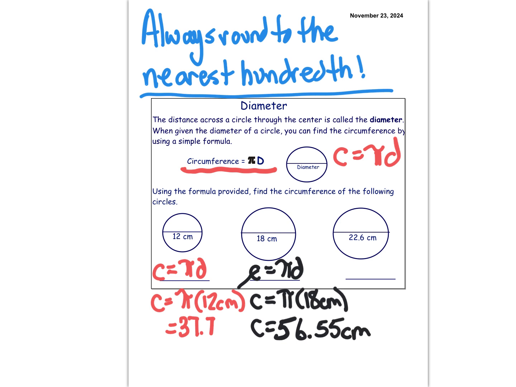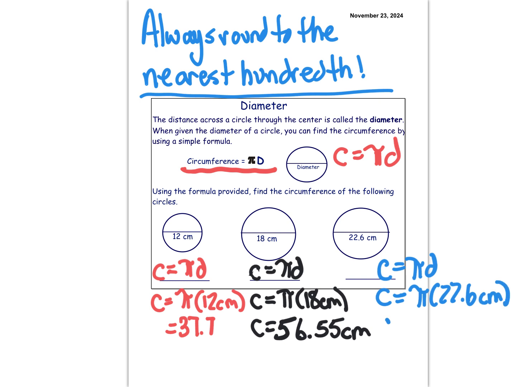Okay, and last but not least, we're going to work with 26.6. And a lot of times with measurements, you are going to notice they need to be extremely precise. And so I'm not surprised we got some decimals in this one. So C equals pi d. C equals pi bracket 22 and 6 tenths.